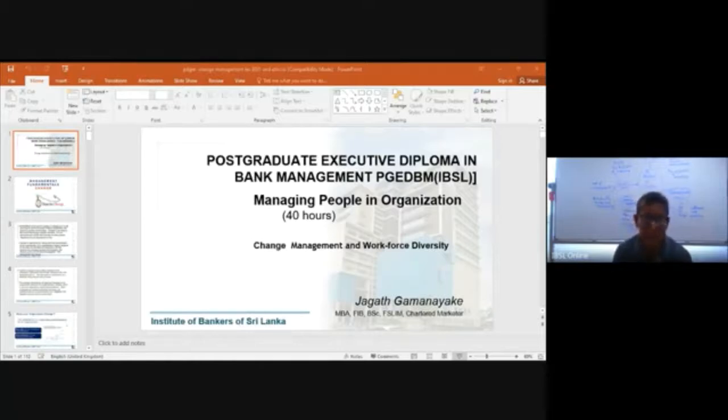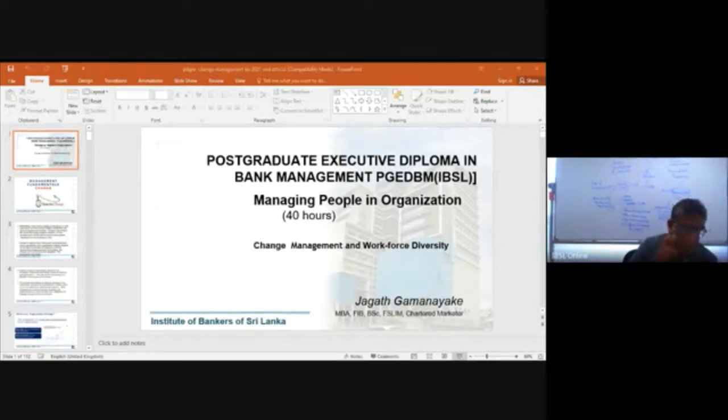So that is what force field analysis means. It was developed by Kurt Lewin, who identified two types of forces: restraining forces and driving forces. Restraining forces are the factors that hinder the change, while driving forces are the factors that encourage change.